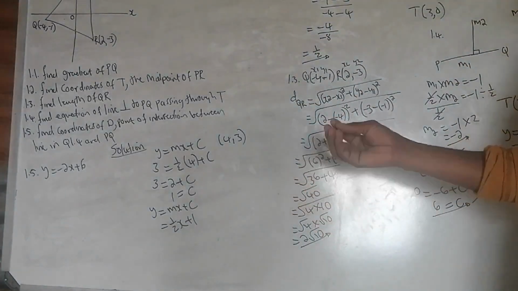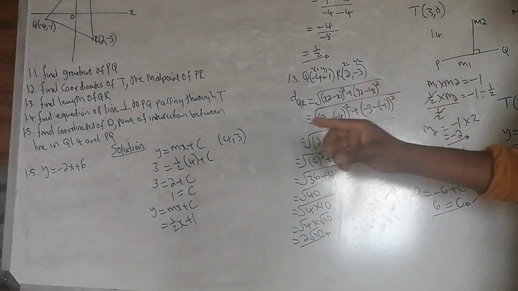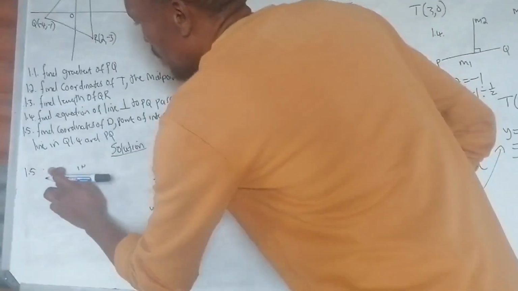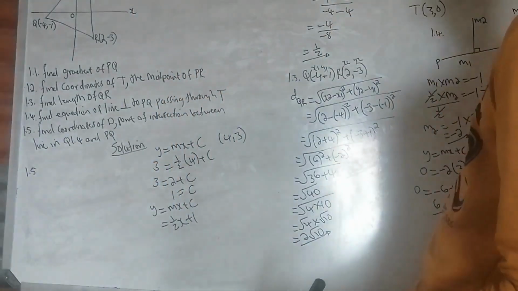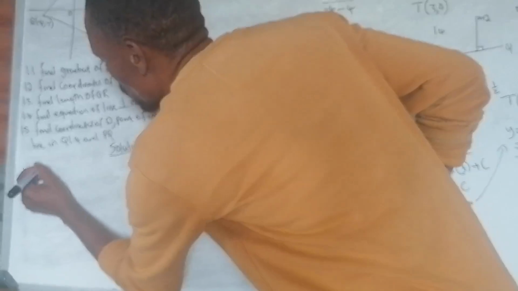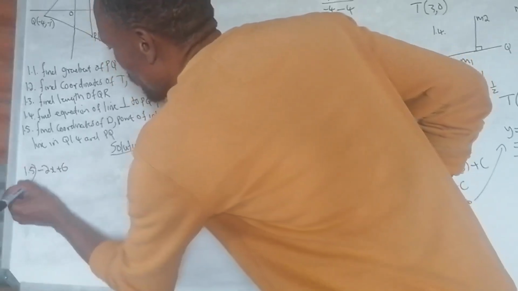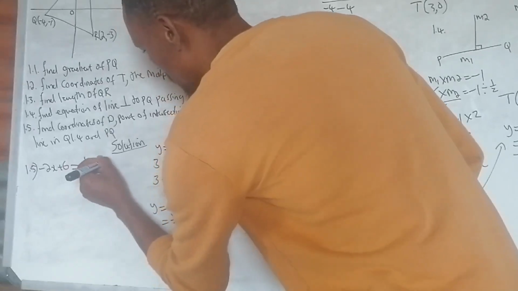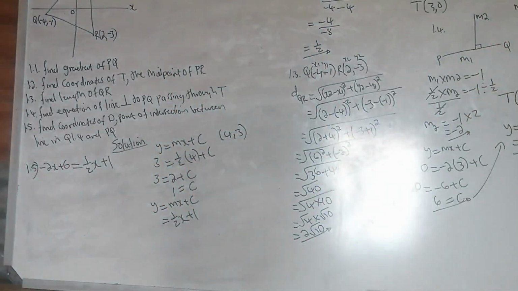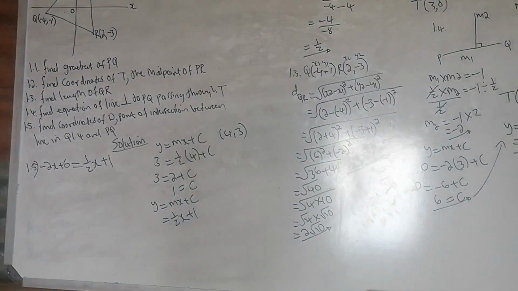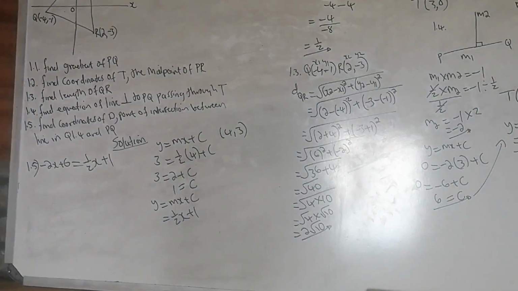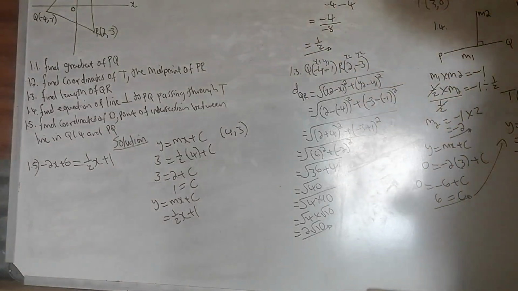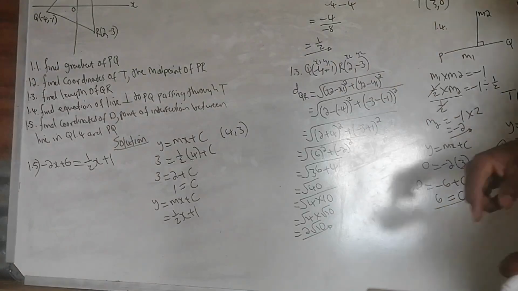Now that we have the equation of PQ, we equate it with the equation y equals minus 2x plus 6: minus 2x plus 6 equals 1/2 x plus 1, because at the point of intersection the lines are equal. Don't forget that those lines are equal, therefore we get the coordinates x and y.